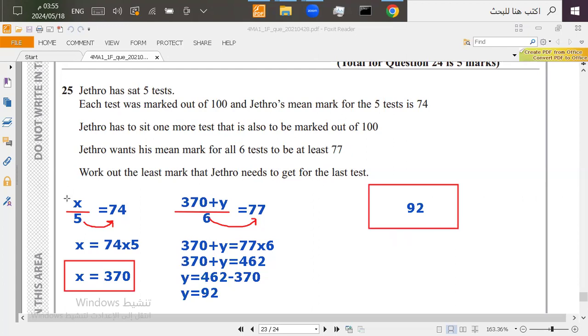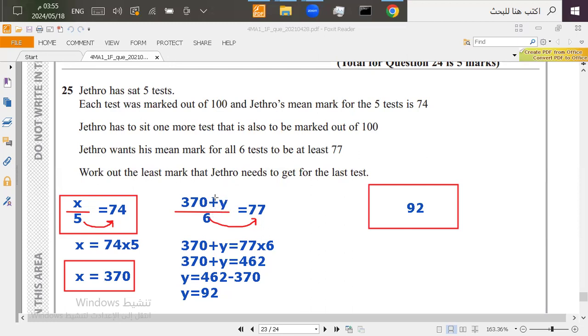So from the beginning, as we said, because we know that the mean of the 5 exams means the sum of the 5 exams divided by 5, which is 74. And then I took the 5 to the other side to find the sum of the 5 exams, which is 370. And then he added one exam or test to these exams. So we added 370 plus y. This is the last test that he did.